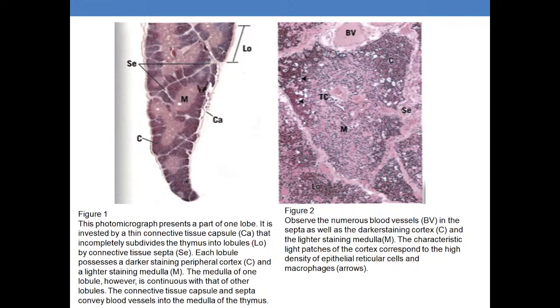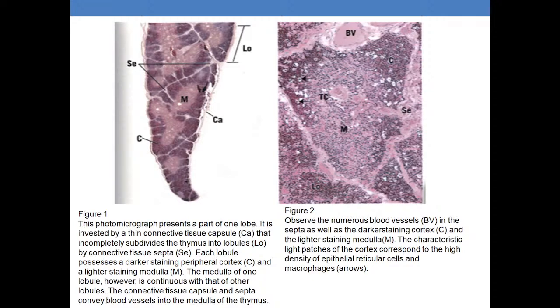Each lobule possesses a darker staining peripheral cortex and a lighter staining medulla. The medulla of one lobule, however, is continuous with that of other lobules. The connective tissue capsule and septa convey blood vessels into the medulla of the thymus.